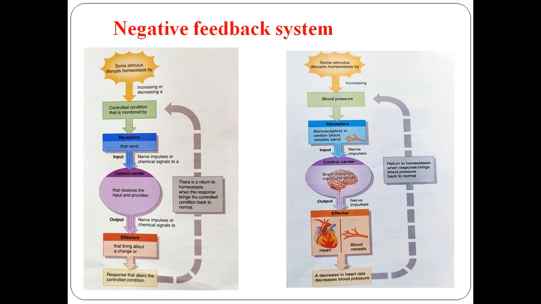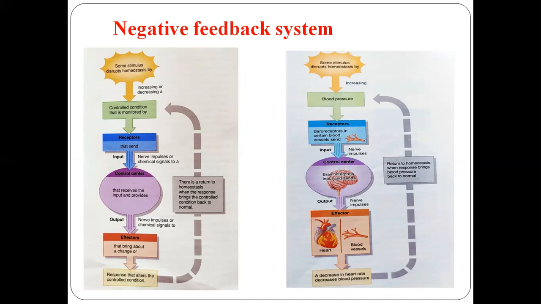This sequence of events quickly returns the controlled condition, that is blood pressure, to normal. Homeostasis is restored. So from the elevation of BP, some sequential changes help the blood pressure return to normal.